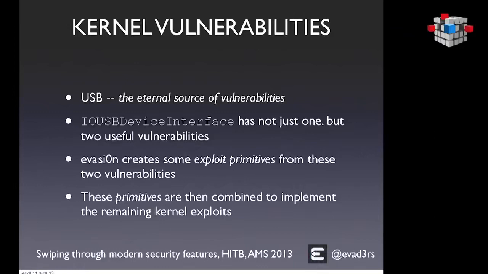And it has not just one vulnerability that would have probably been useful by itself, but there was a second one which made it even more useful. And it was only a few methods down. With these two fundamental vulnerabilities, we create a few exploit primitives, and then you take these primitives and you combine them to achieve all the remaining goals.